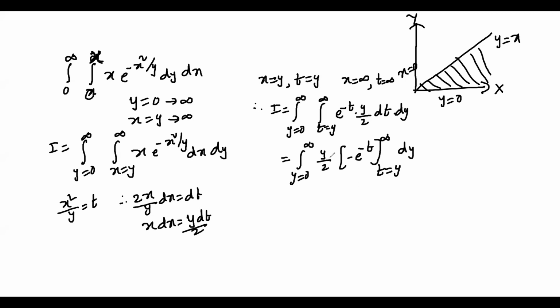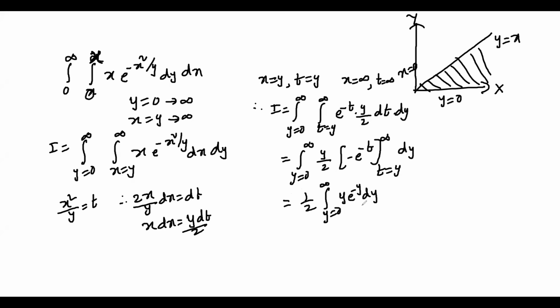Now, y is equal to 0 to infinity, y by 2, again here we solved, minus e power minus t, t is equal to y to infinity. That is equal to 1 by 2, integral y is equal to 0 to infinity, y e power minus y into dy.